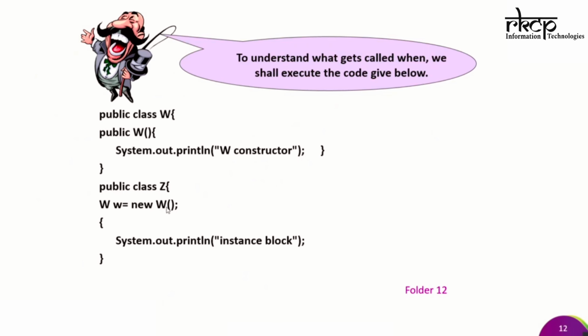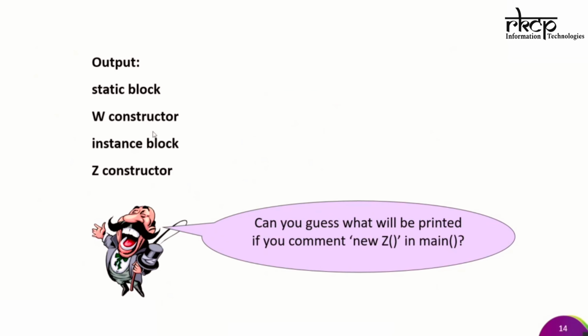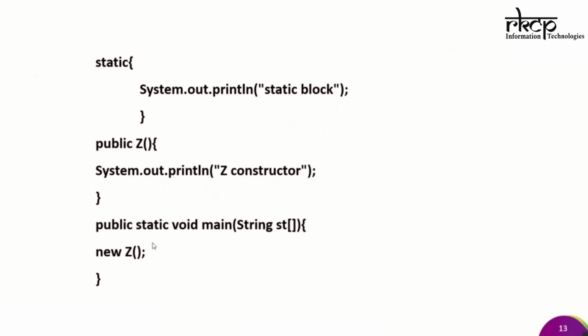Here you create an object of class W, so this constructor will execute. This will be the second result. After the constructor, your non-static initializer will execute, and then, since you are creating an object of Z, the class Z constructor will execute.